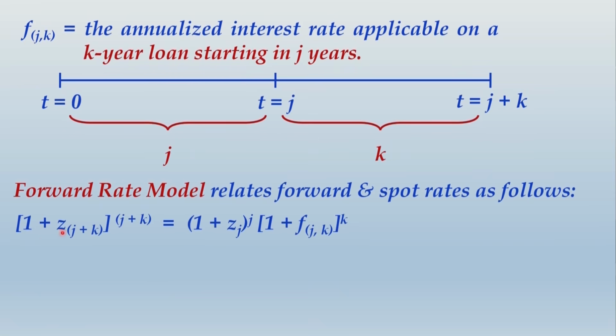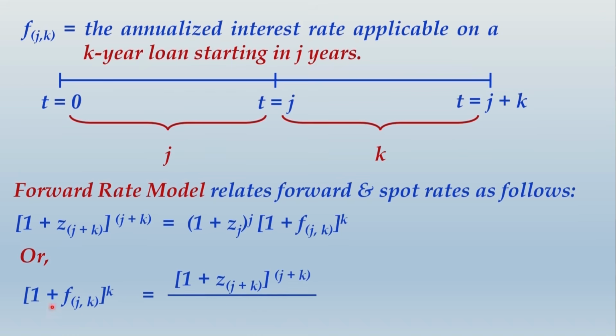You take (1 + z_(j+k))^(j+k) as the longer term factor, divide that by (1 + zj)^j, that is the shorter term factor. So you take it this way, (1 + fj,k)^k will be (1 + z_(j+k))^(j+k), that is the longer term factor, divided by (1 + zj)^j, that is the shorter term factor.